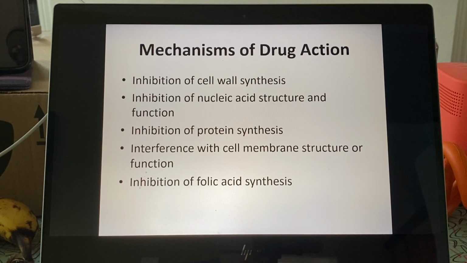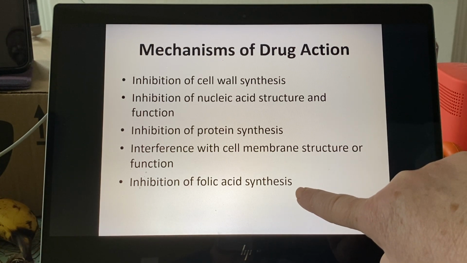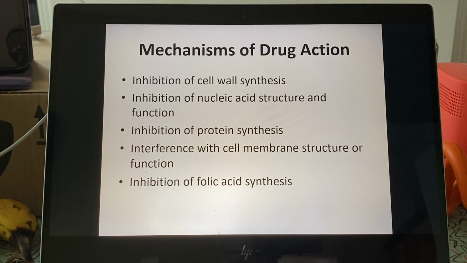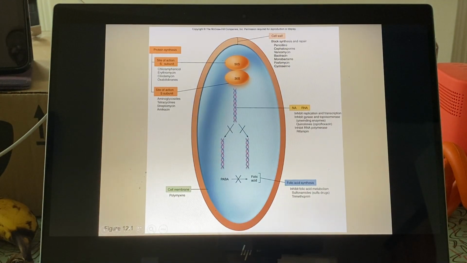So whether it's replication or transcription, acting on the ribosomes is going to result in protein synthesis or translation being disrupted. There are some that act like surfactants and go in there and just basically rip apart the cell membrane. And then this is specific to a class of drugs called sulfa drugs, which are commonly prescribed for urinary tract infections.